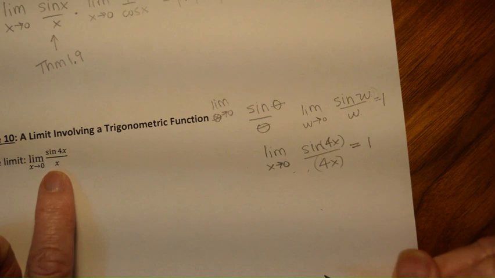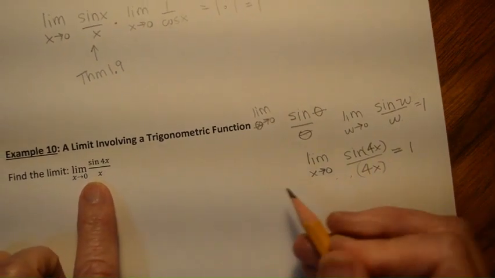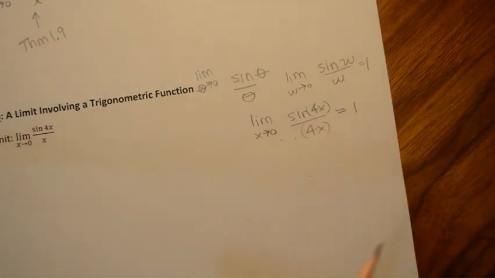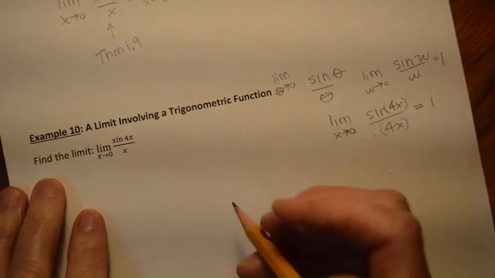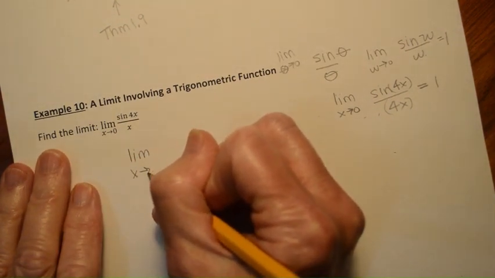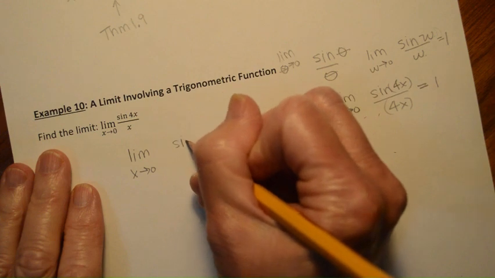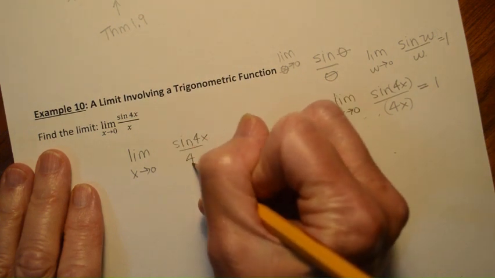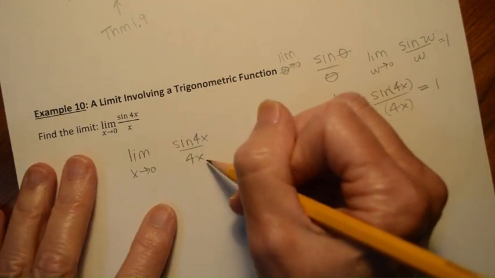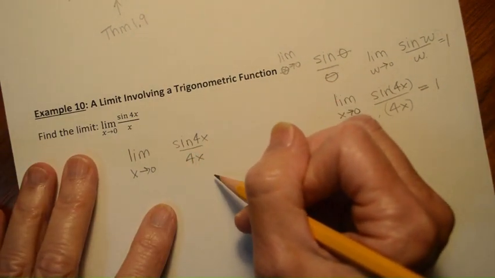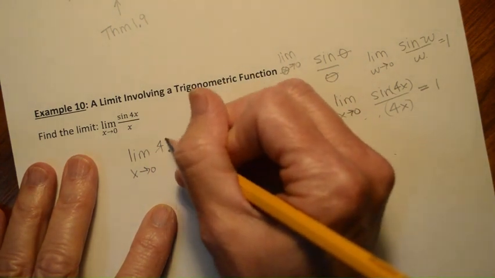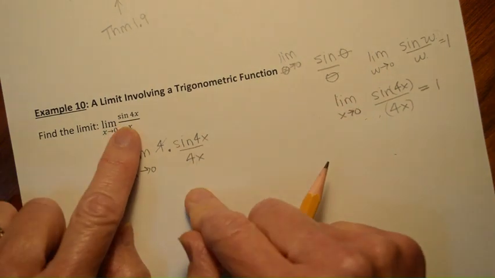So we need to find a way to make sure that this denominator also has a 4 in it so that we can apply this. I would like to just put 4 in there. So I'm going to say limit as x approaches 0 of sine 4x over 4x. Well, you could say, Mrs. Taylor, that is not legal to do. You're right, it's not. I can't just put a 4 in there. But I can balance it out by putting a 4 up top. And then these could cancel, and I'd get right back to this.